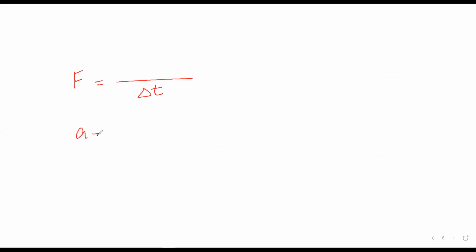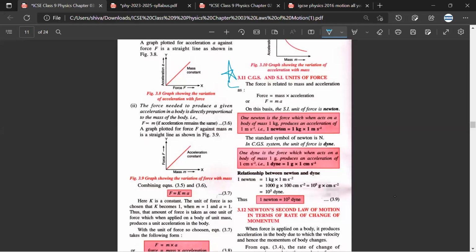If I say that acceleration is rate of change of velocity, then there will be a delta t, the change in time, the time interval, in the denominator. Are we clear till here? Okay.